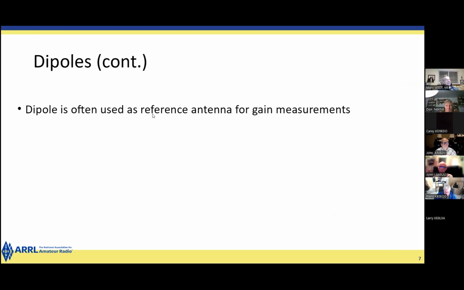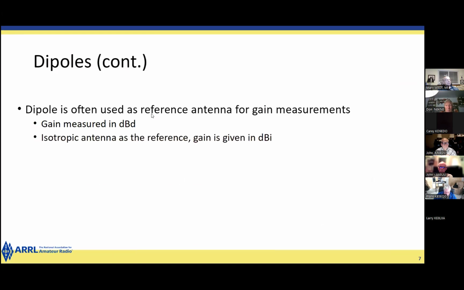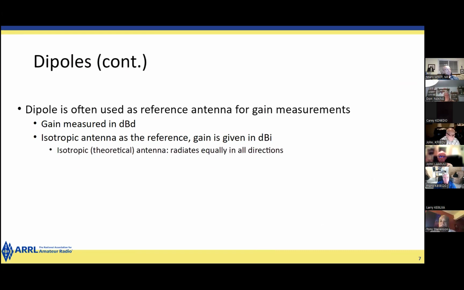And it is, of course, used as the reference antenna for gain measurements, which are measured in dBd. And the isotropic antenna, which is also used as a reference, is given as dBi. That isotropic radiates equally in all directions.